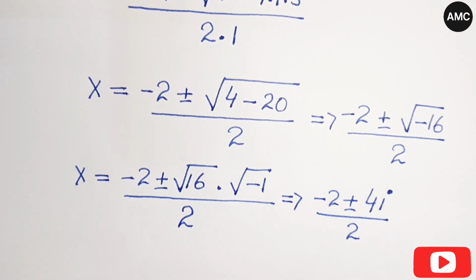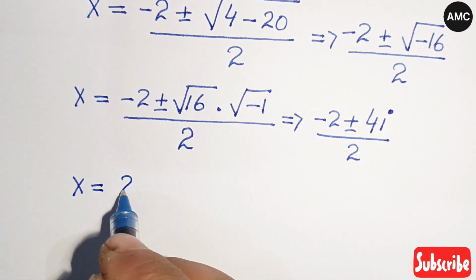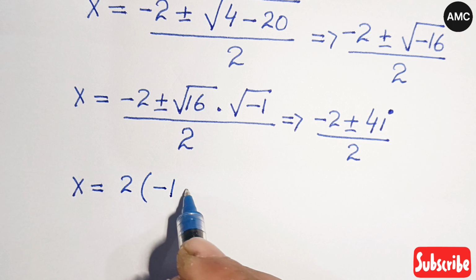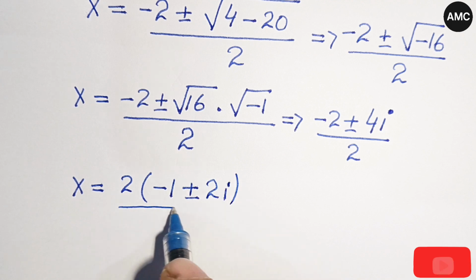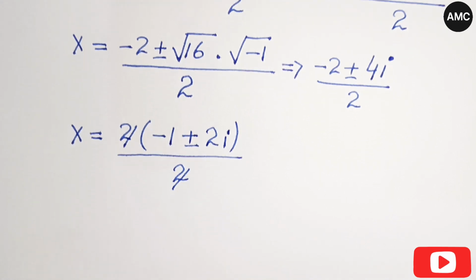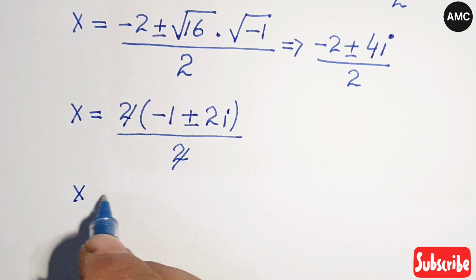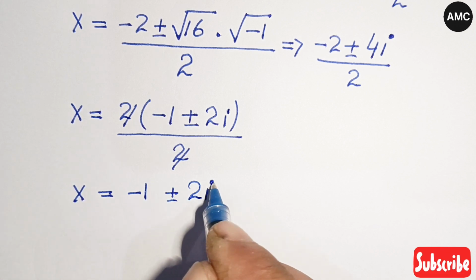Now if we take 2 as common, then we get x is equal to 2 times minus 1 plus minus 2i all over 2. So cancelling 2 with 2, we have two values of x here. x is equal to minus 1 plus minus 2i.